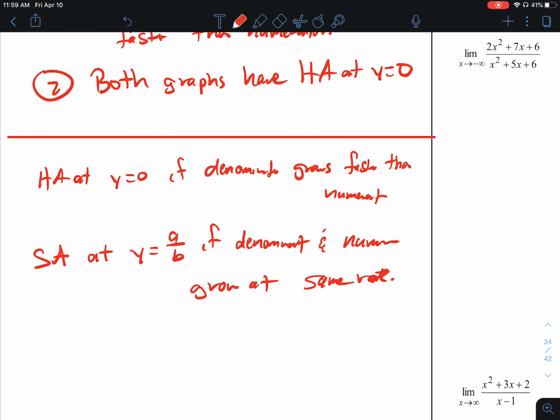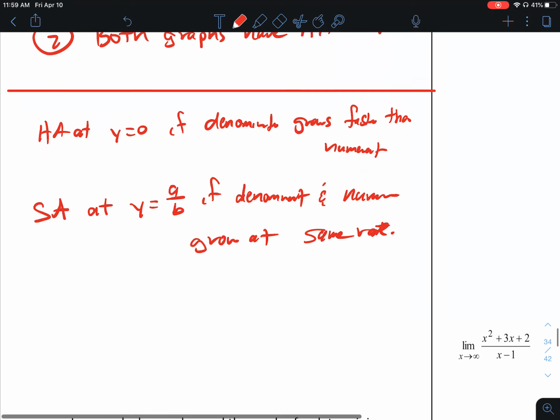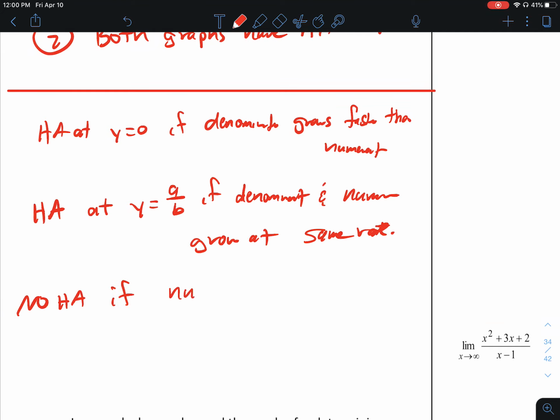It is not determined by coefficients. And then there is no horizontal asymptote if the numerator grows faster than the denominator.